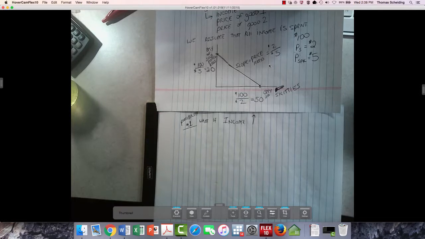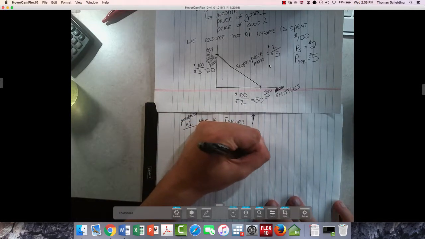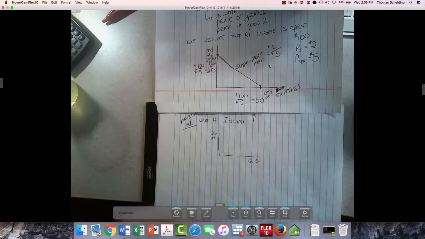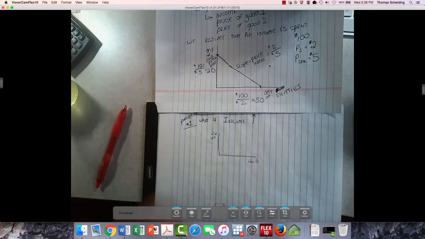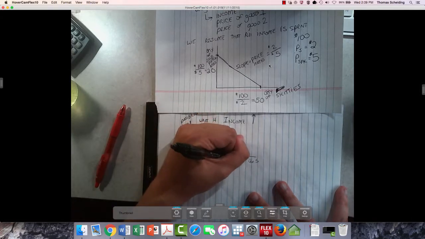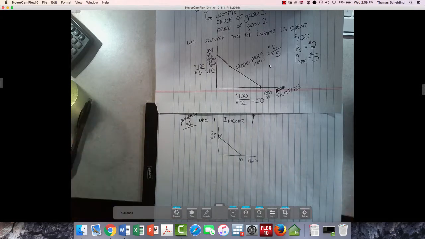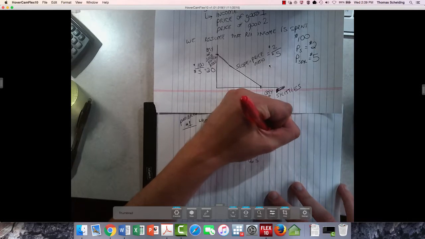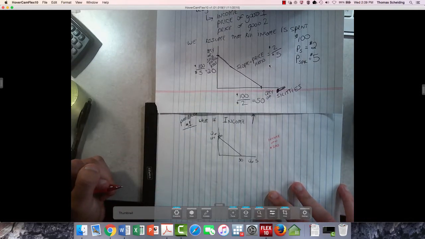Here is my original budget constraint line, which we already determined, 50 and 20. But what if my income is now double, is now $200?